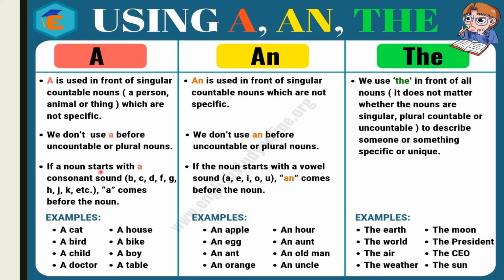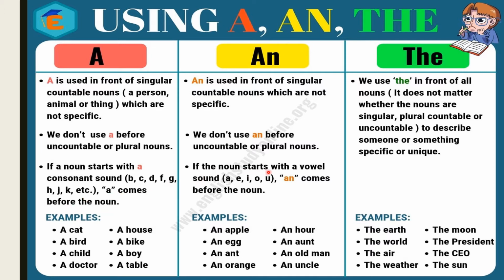If a noun starts with a consonant sound, B, C, D, F, G, H, J, K, etc., it is not the sound, it is the name of that letter. The sound is B, K, D, F, G, and so on. Here, a comes before the noun.